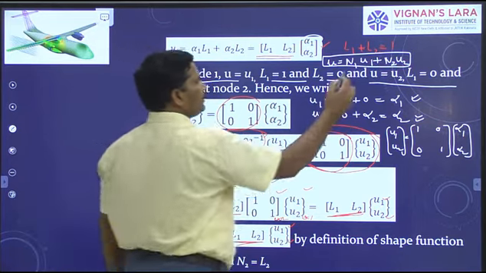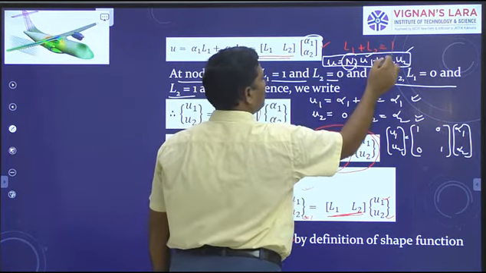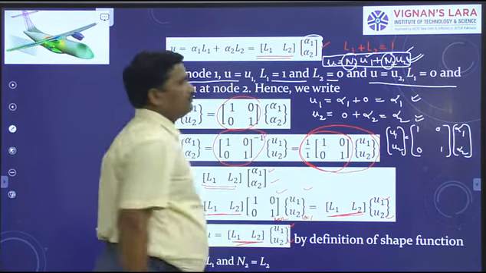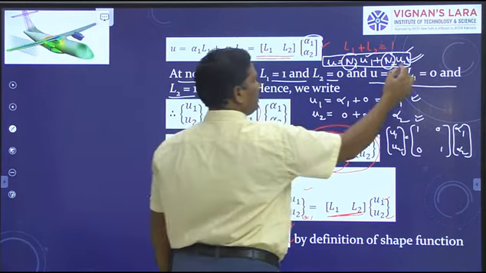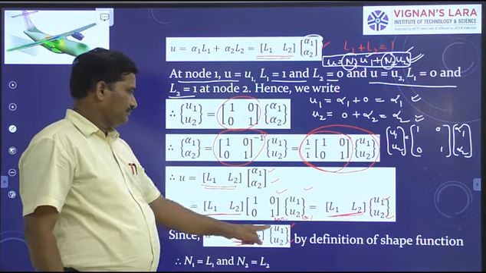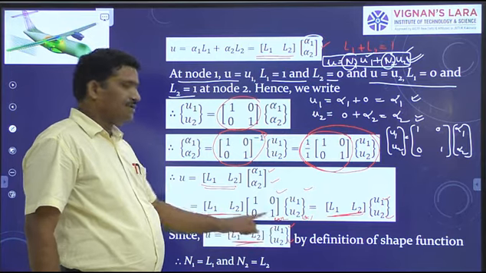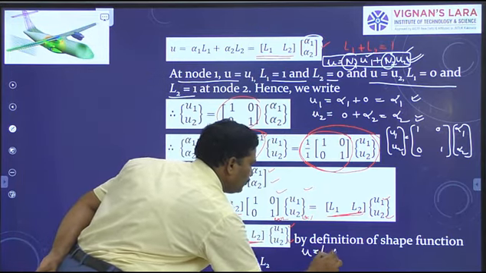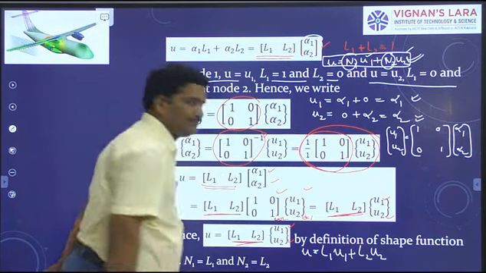What are U1 and U2? They are the nodal displacements. What are N1 and N2? They are the shape functions. Therefore, if you compare this form with this, we get U equals L1 U1 plus L2 U2.